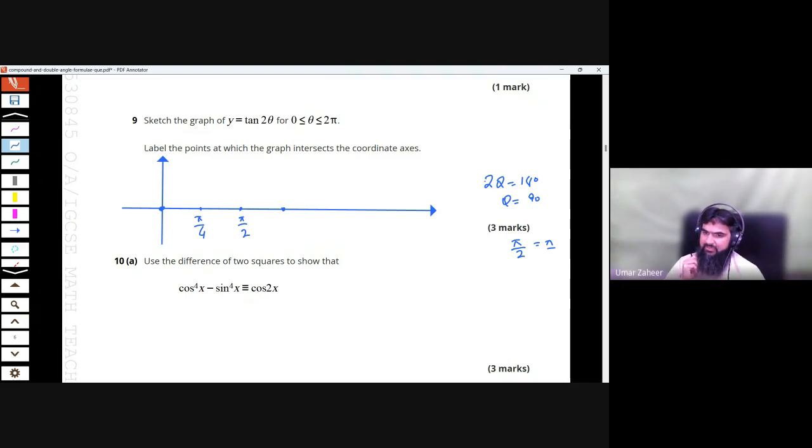Yes, the next values are pi over 4, pi over 2, 3 pi over 4, pi.